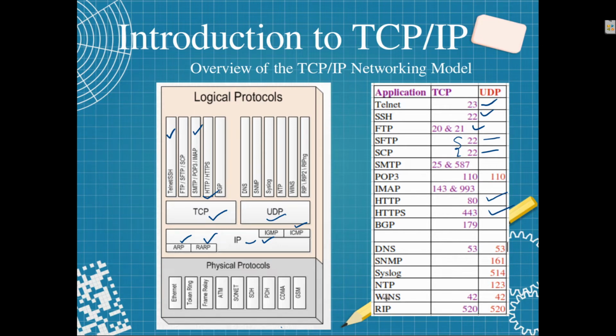Agree, guys? So today we will do the lab for HTTP, ports 80 and 443, both the ports we will do. Okay, and then BGP on 179, TCP, this is an example of TCP, and again for UDP we have DNS, SNMP, syslog, NTP, WINS, and then the RIP protocol.